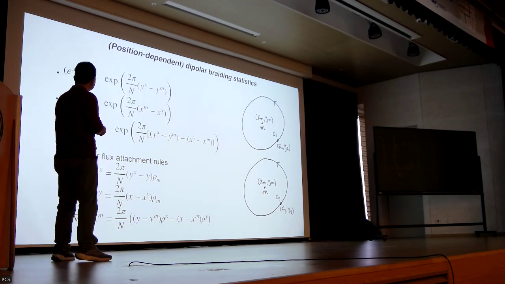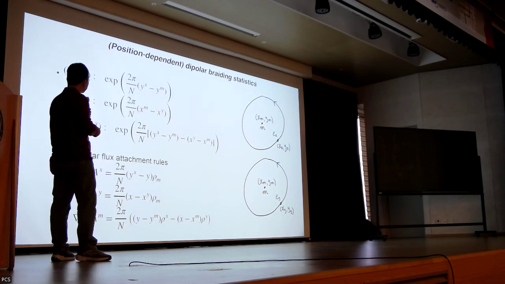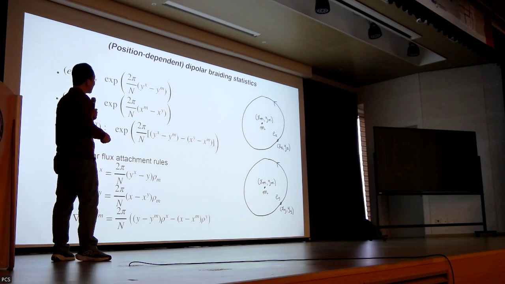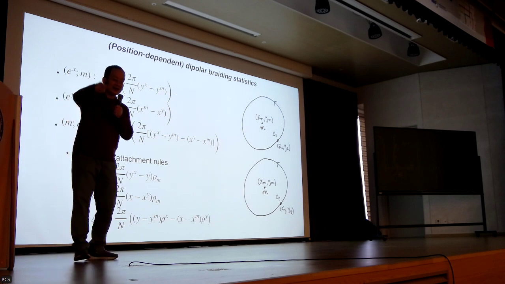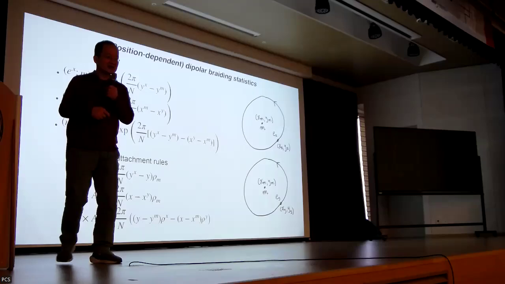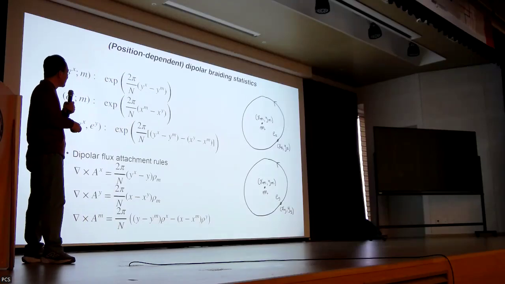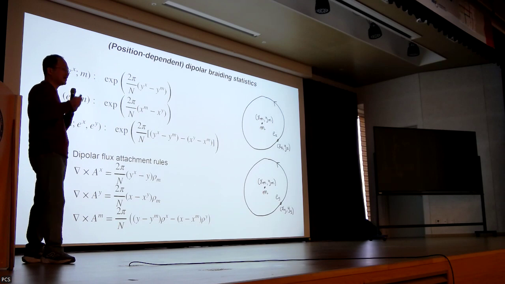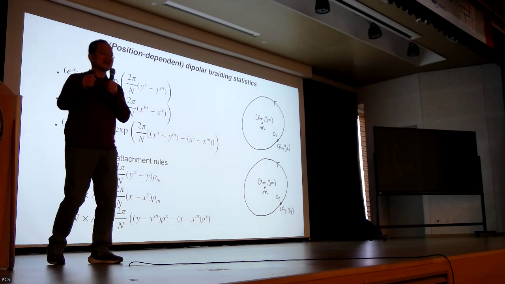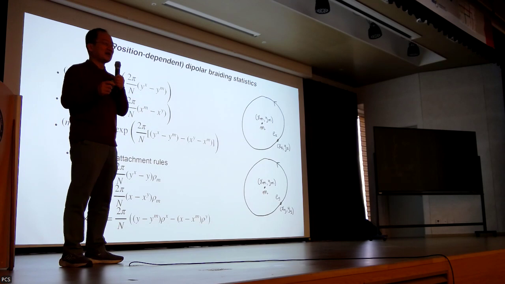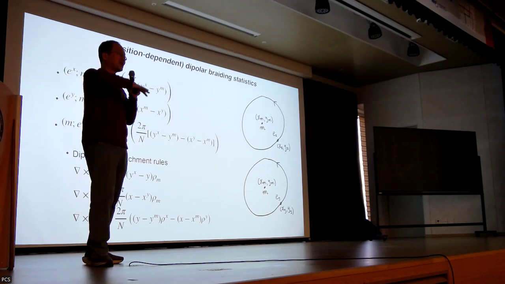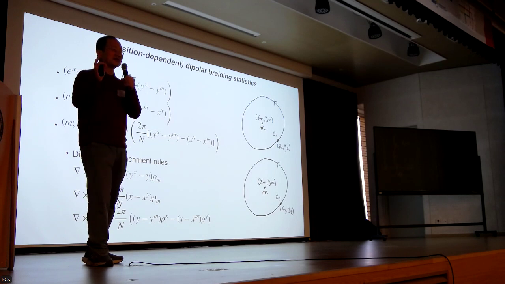So the implication of this term is that what you get at the end of the day as a braiding phase depends on where you put this other particle at the start of your braiding process. It's not like the ordinary braiding of two anyons where the result is purely topological.